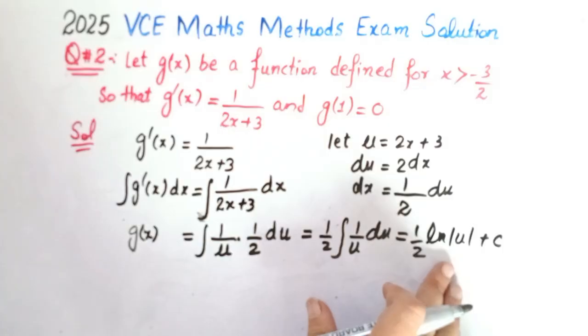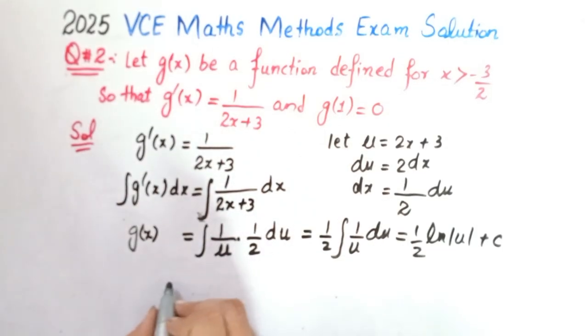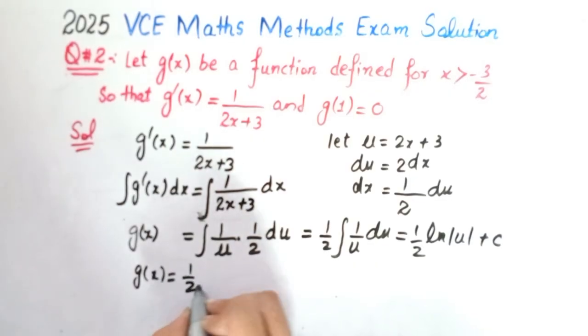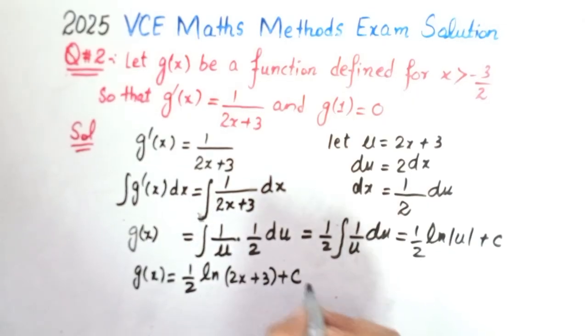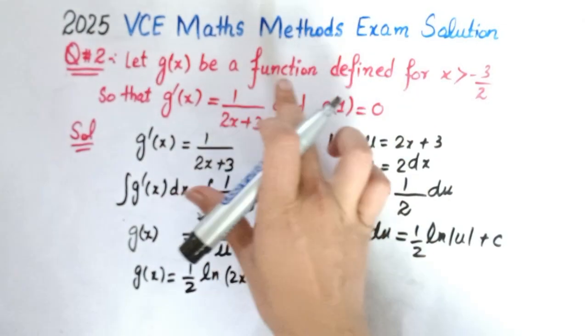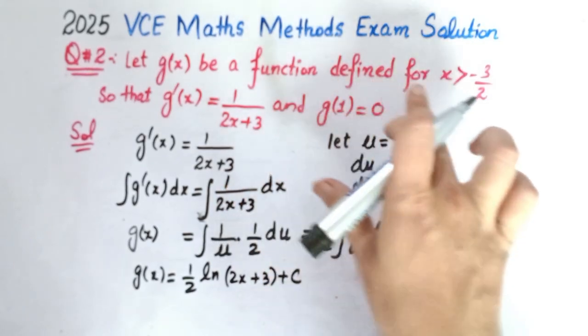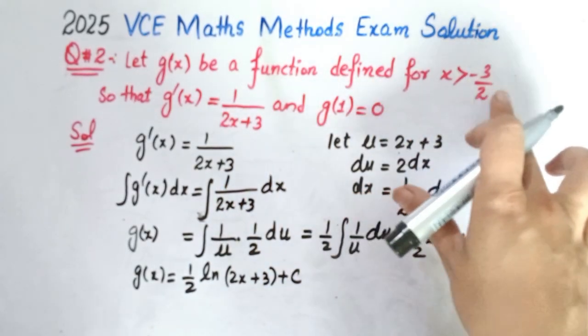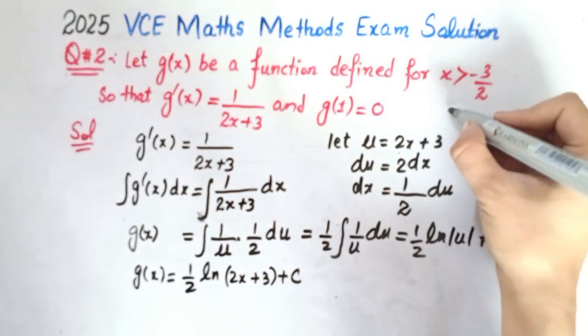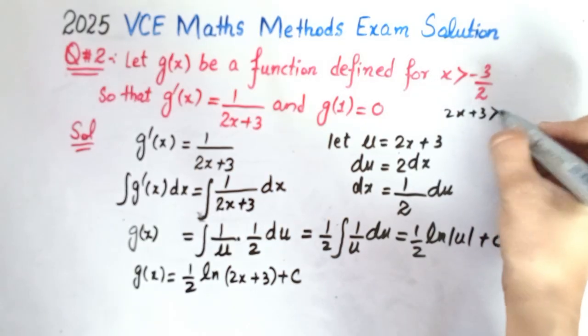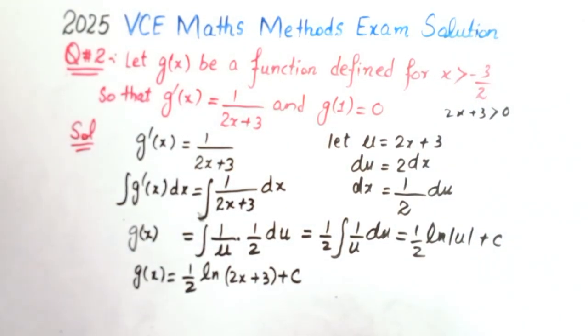Now substitute back the value of u here. So you get g of x equals 1 by 2 ln of 2x plus 3, and then plus c. Now since the function is defined for x greater than minus 3 by 2, it means 2x plus 3 should be positive, greater than 0. So we will use the initial condition that g of 1 equals 0.